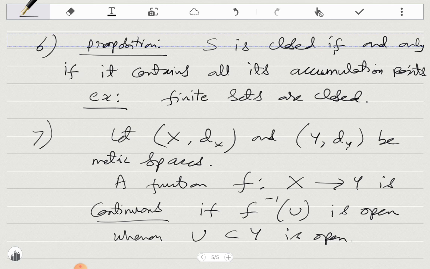So the inverse image of open sets should be open. Then we say that the function is continuous.